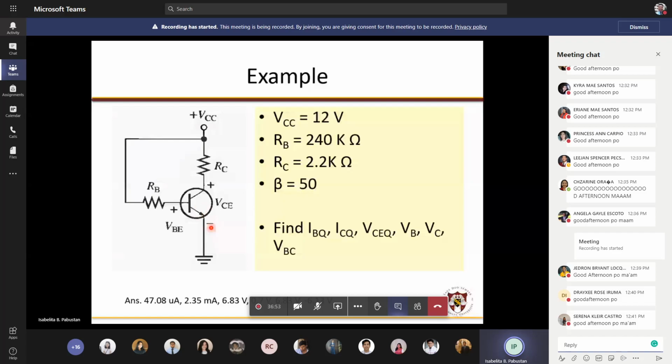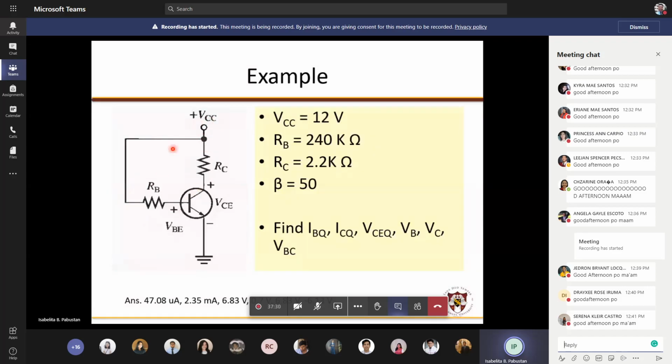This is different from, kung maalala ninyo, dun sa configuration natin last time, dun sa initial lecture, for transistor, this one is connected to a power supply here, which is the VBB, and then connected to the ground. So, eto naman, you only have one supply, that is the VCC.